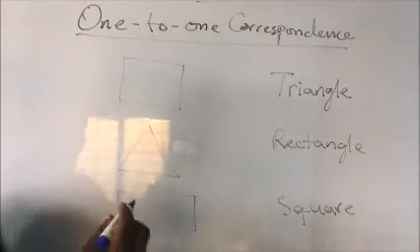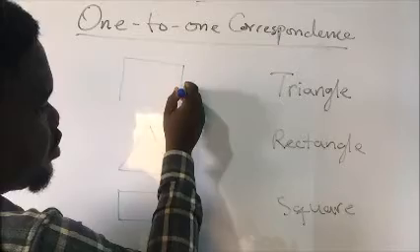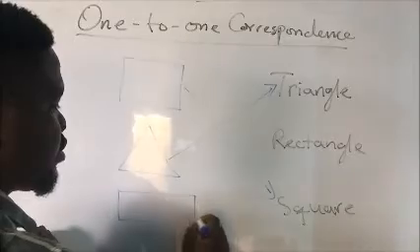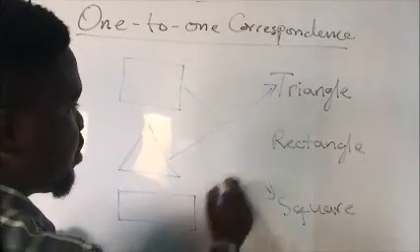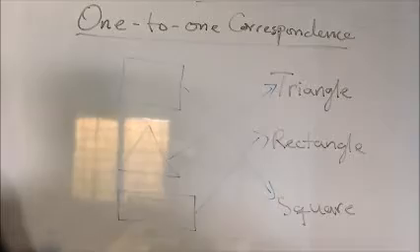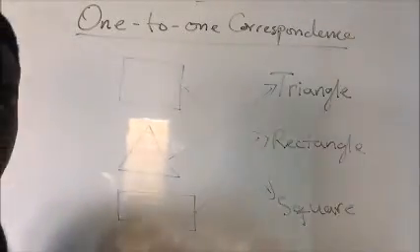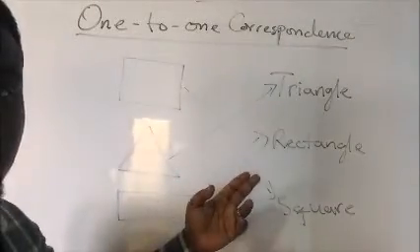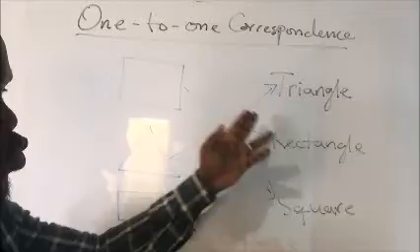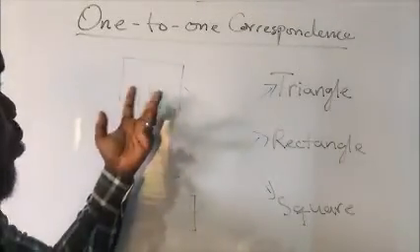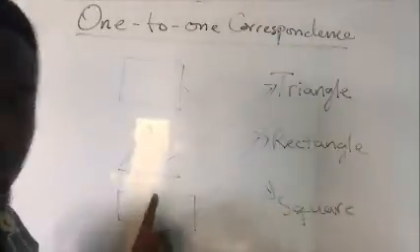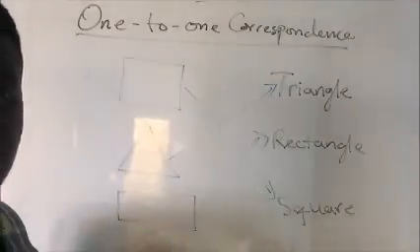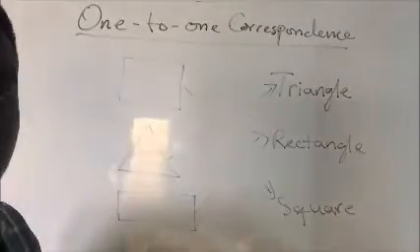Okay, so when you look at this, it will map onto that. This will map onto that. And that will map onto that. So this is another example. Square is mapped onto that, triangle, rectangle. So we have one-to-one mapping. We don't have this mapping onto so many things. It's just one thing. So we call this one-to-one correspondence.